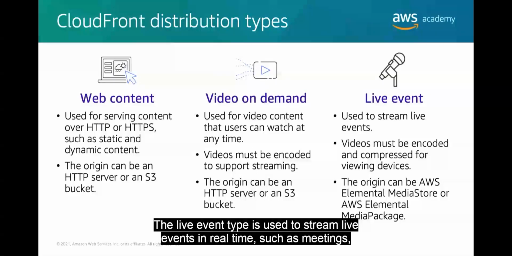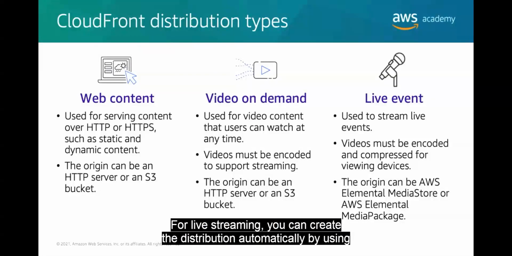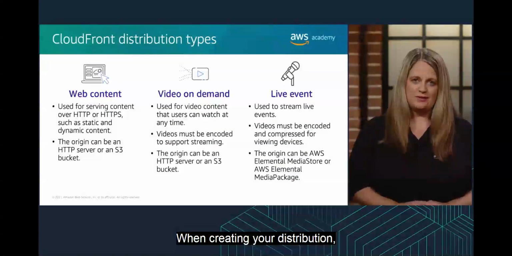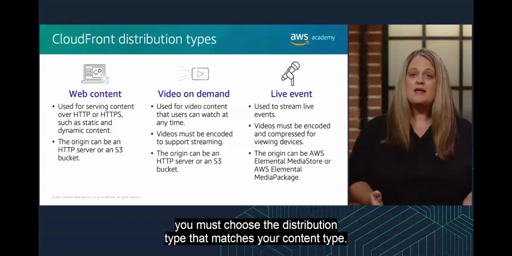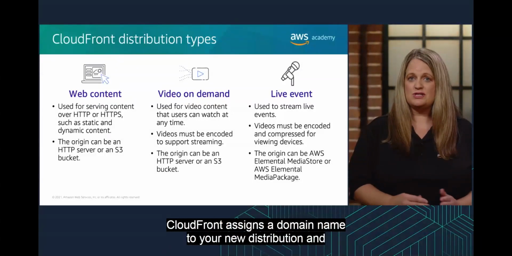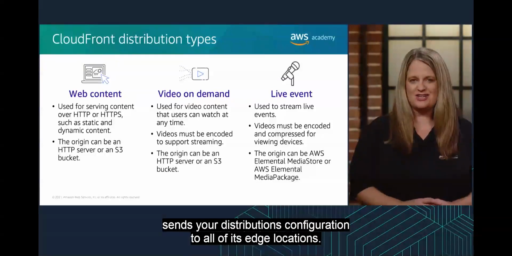The live event type is used to stream live events in real time, such as meetings, conferences, or concerts. For live streaming, you can create the distribution automatically by using a CloudFormation stack. When creating your distribution, you must choose the distribution type that matches your content type. CloudFront assigns a domain name to your new distribution and sends your distribution's configuration to all of its edge locations.